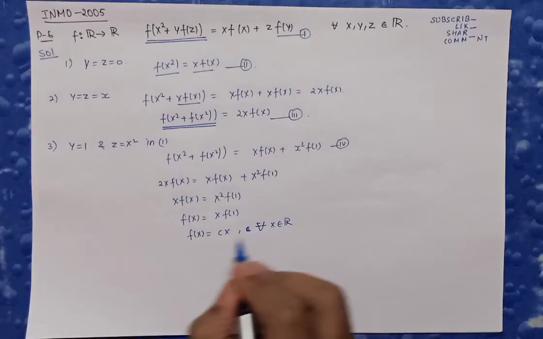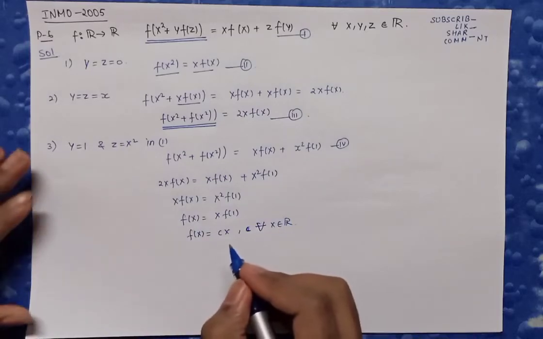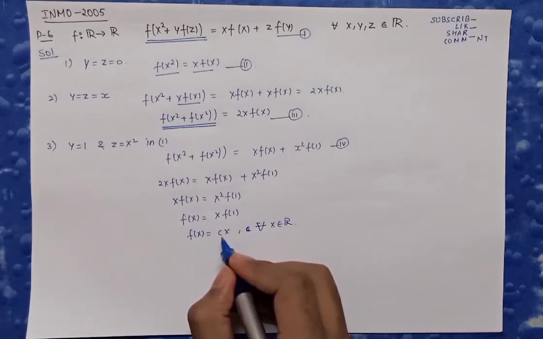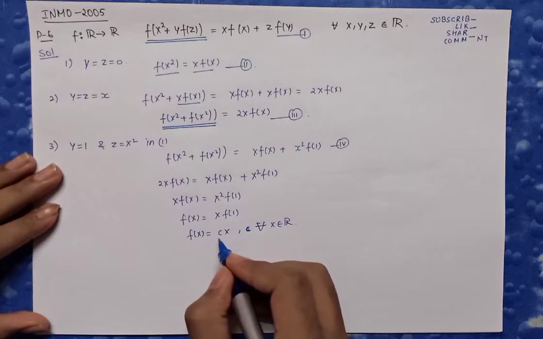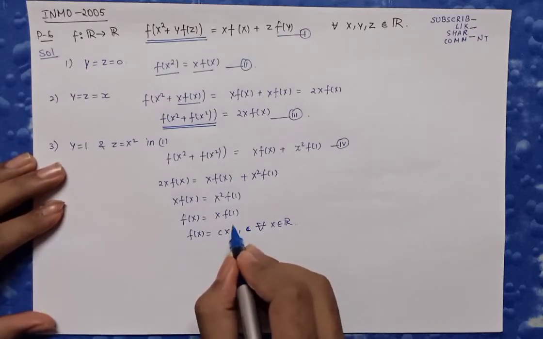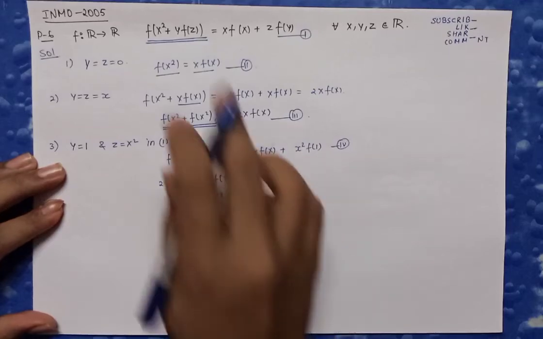So we can say that it is linear, but first we have to find the value of c. To find c, let's use this function in the given functional equation.